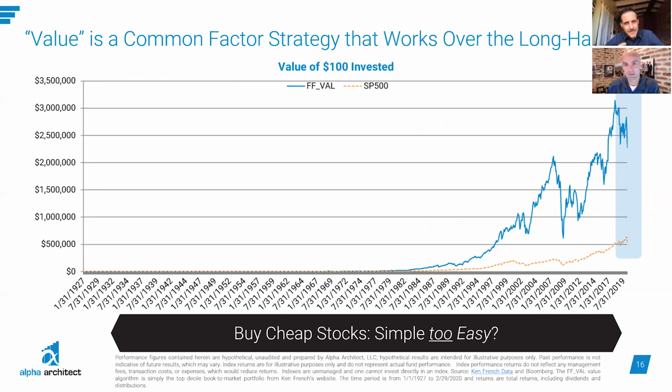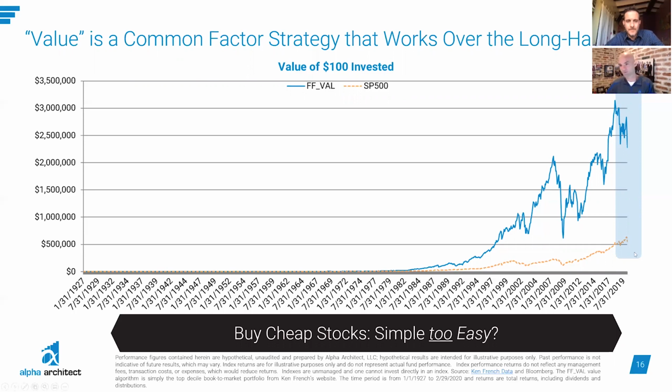Well, this is the long-term data on the value factor, where the blue line is a very simple strategy. It's called FFVal, which is Fama French value, which every year all it does is buy the 10% cheapest stocks on book to market, right? So a very generic value strategy.